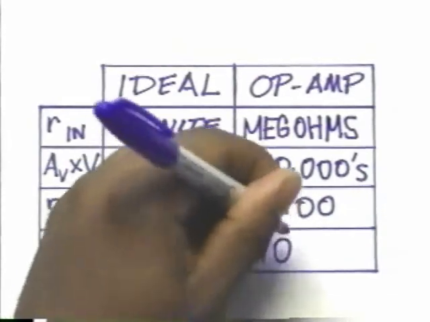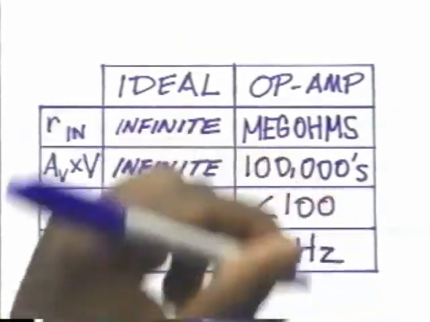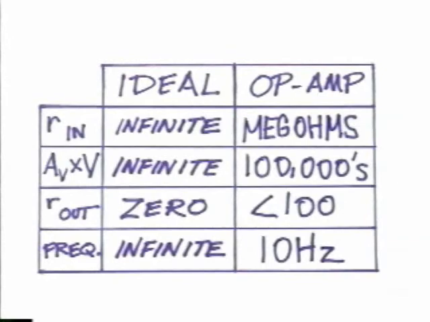The typical op-amp has a frequency range of only 10 Hz. Although this is poor when compared to the infinite frequency response of the ideal amplifier, you'll see in a later part how this can be improved. You can see that with characteristics that approach those of an ideal amplifier, the op-amp is an extremely useful circuit designing tool.